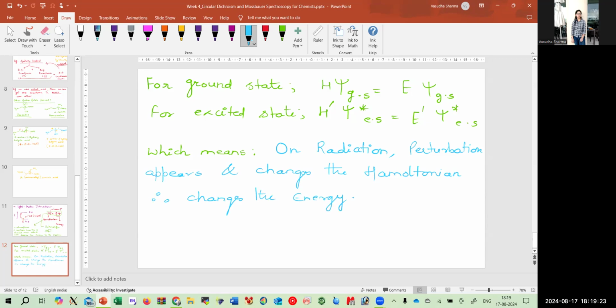That's why we have written the excited state differently: when it is being radiated, the electron cloud gets perturbed, and because of the perturbation there is a change in the atmosphere, that is your Hamiltonian, and therefore your energy changes. That's why on radiation there occurs a change in energy, and we see a transition from the ground state to the excited state.